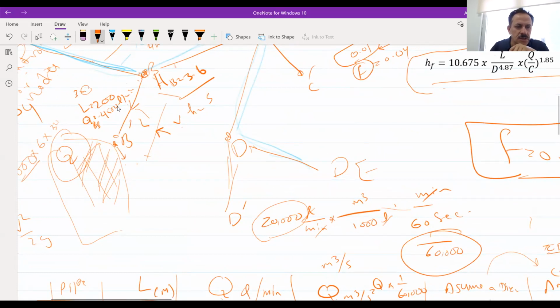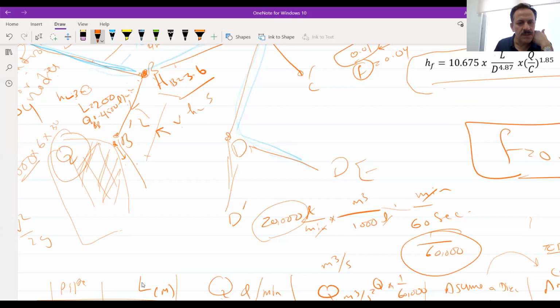Now let me check how much it will become. The pressure at point B was 16 meters, and from B to B bar the head loss is 3 meters. So what will be the residual pressure at this point?